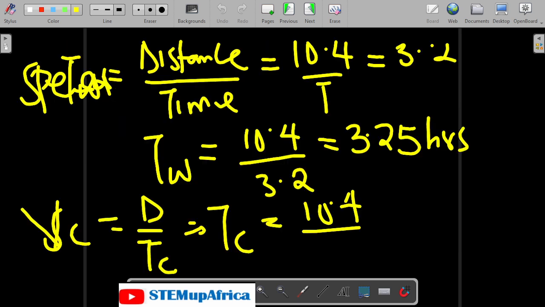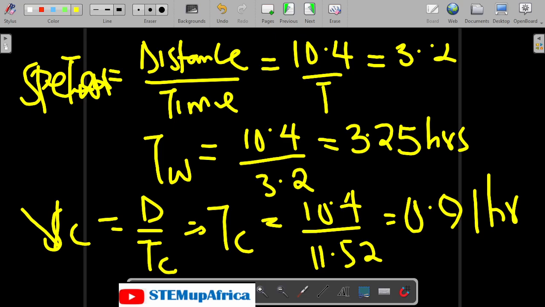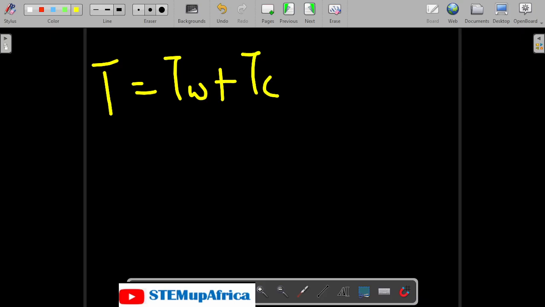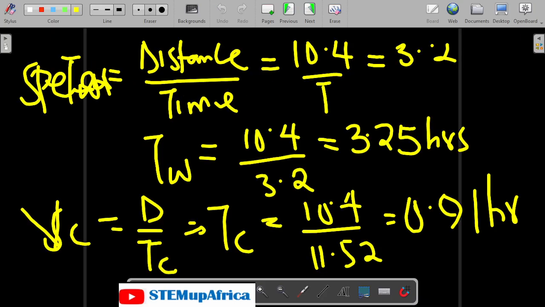So 10.4 divided by 11.52 will give us 0.91 hours.